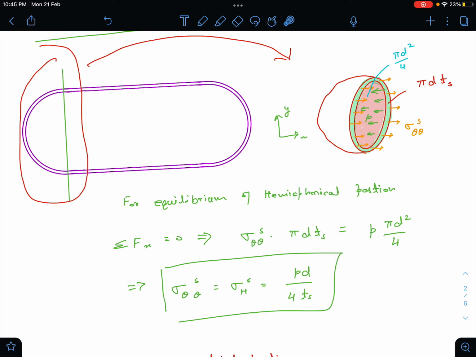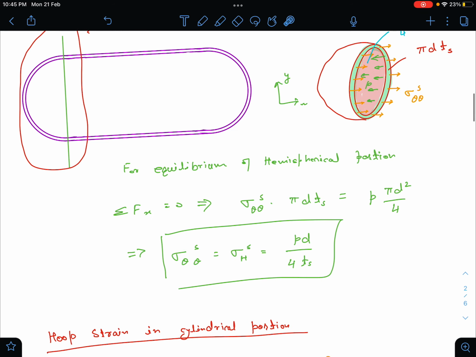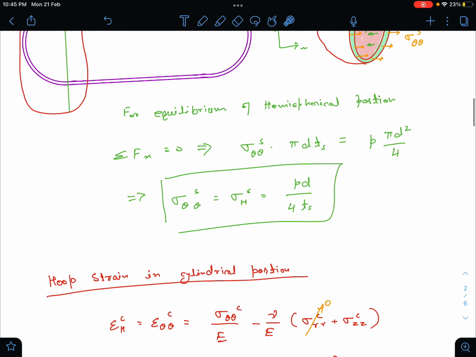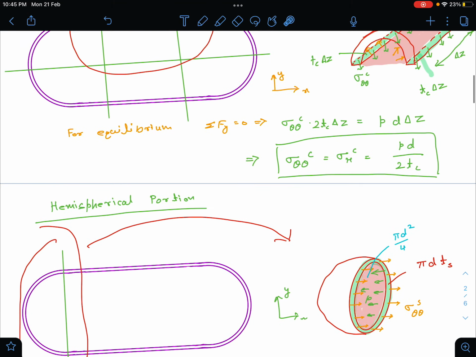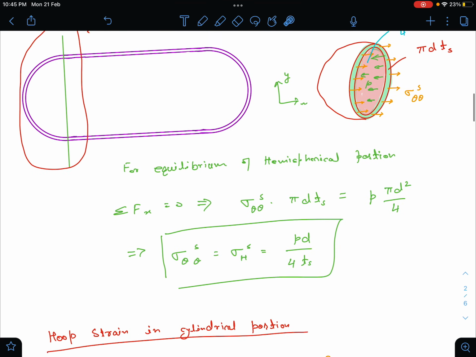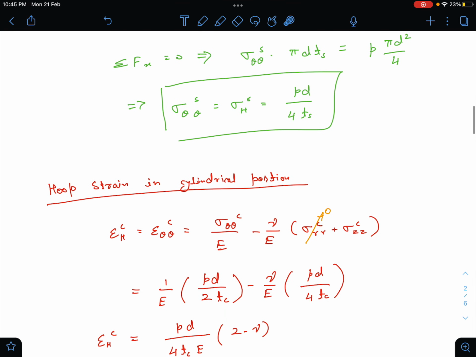So this will give you sigma theta theta s as pd by 4 ts. So we have derived the expression for the hoop stress in the spherical portion and the longitudinal and hoop stress for the cylindrical portion. Now let us talk about hoop strain in the cylindrical portion.